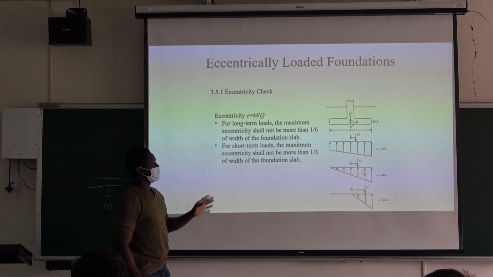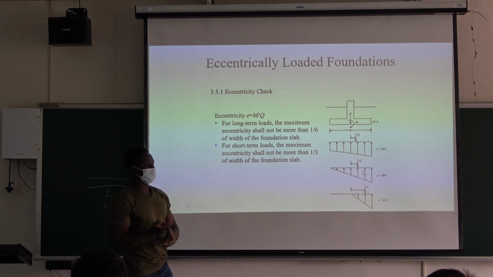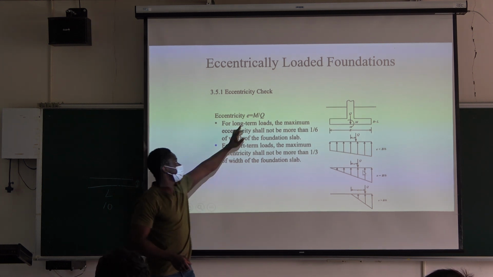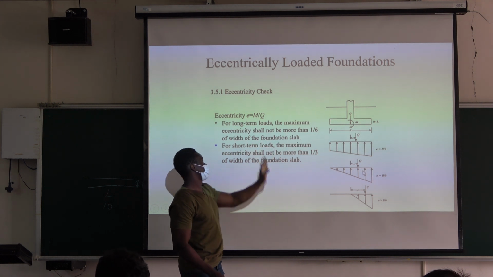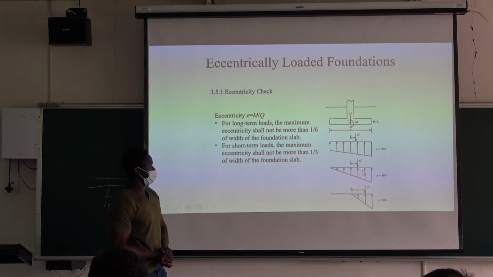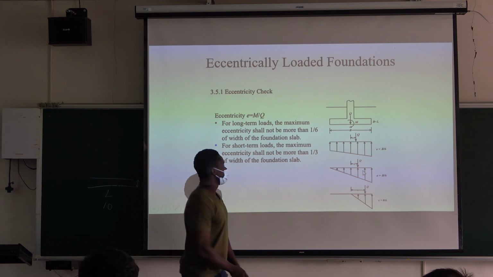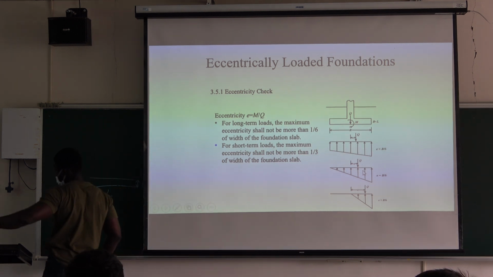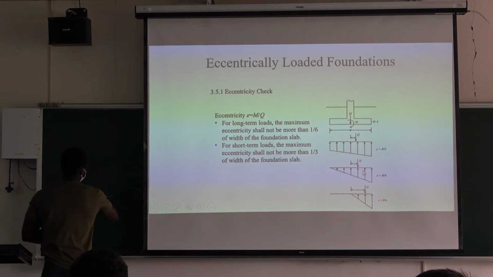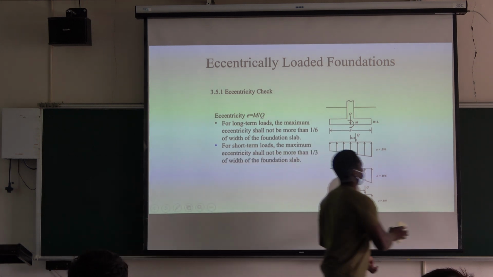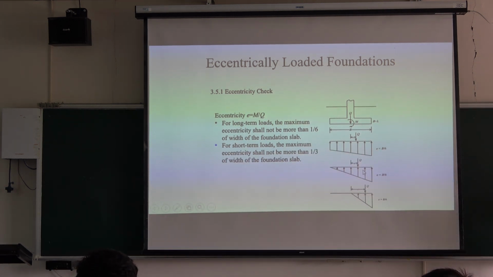For long-term conditions, that is when we are considering the effective stress analysis, the eccentricity should not be more than 1/6 of the width of the foundation. So eccentricity should be less than or equal to b over 6. That's for the effective stress.